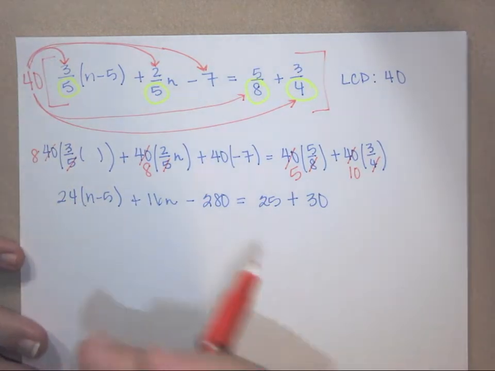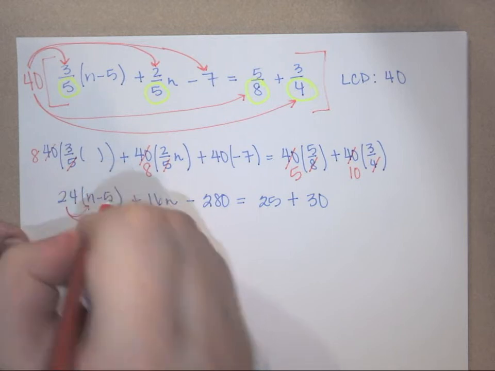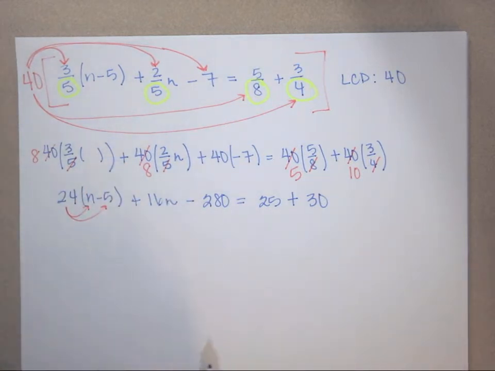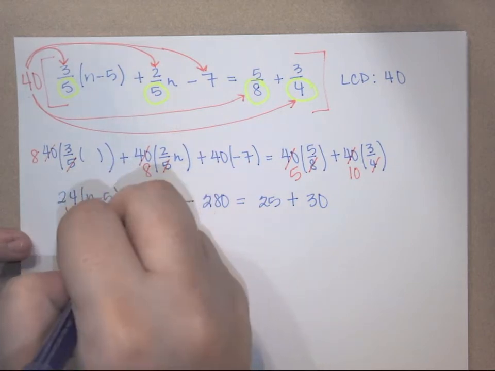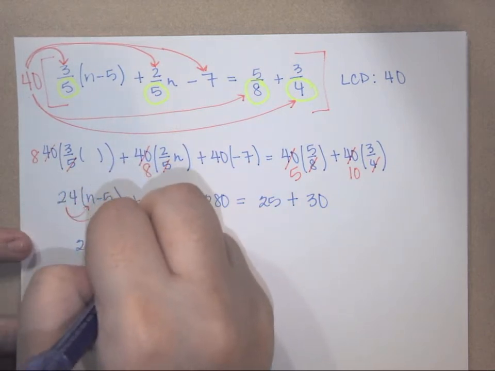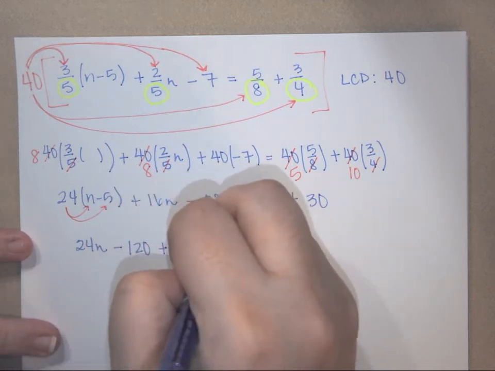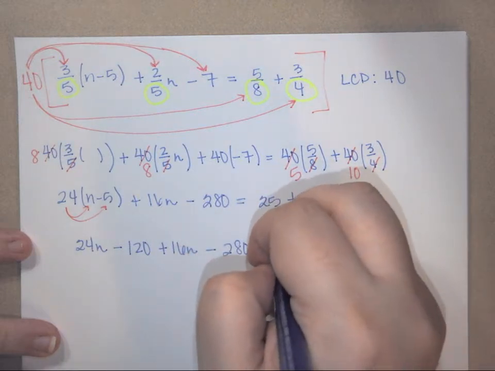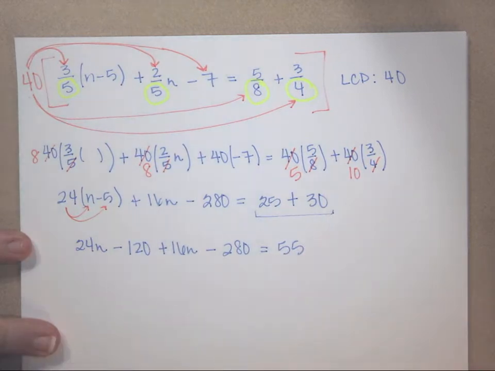Now that that's finished, I have to distribute this 24 into the parentheses. By doing that, that gives you your 24n minus 120 plus 16n minus my 280 is equal to 55 by combining these two values.